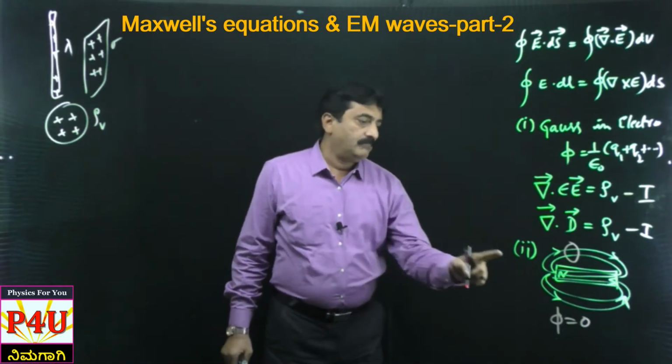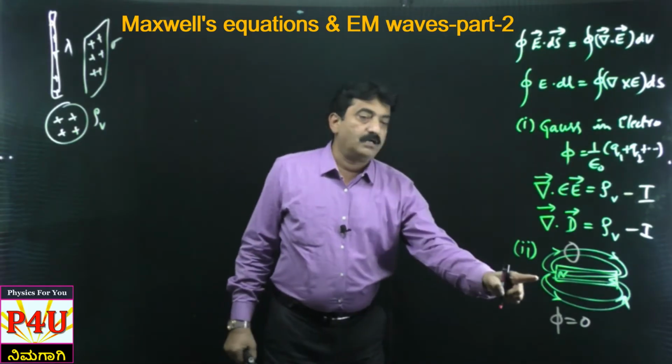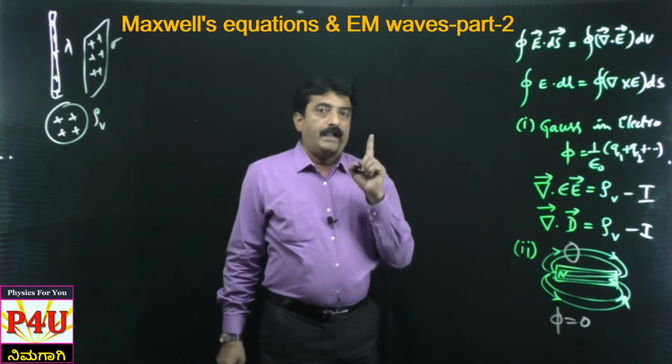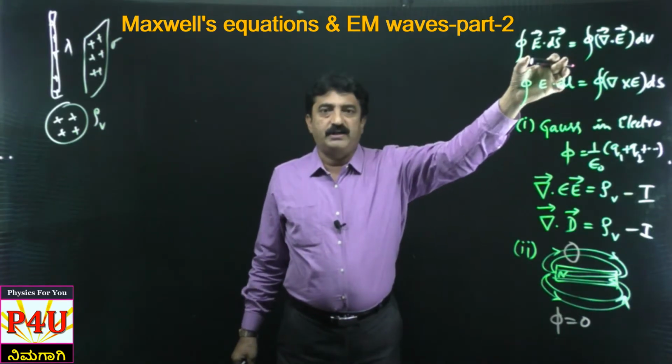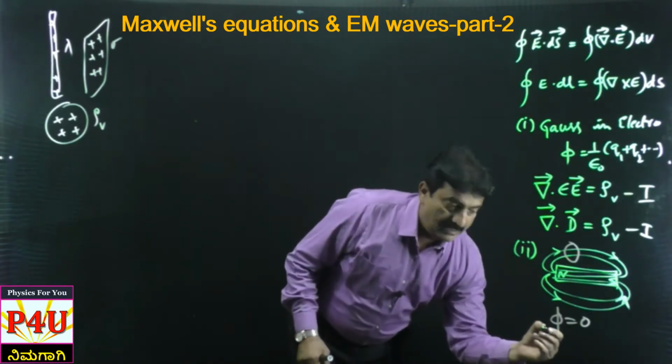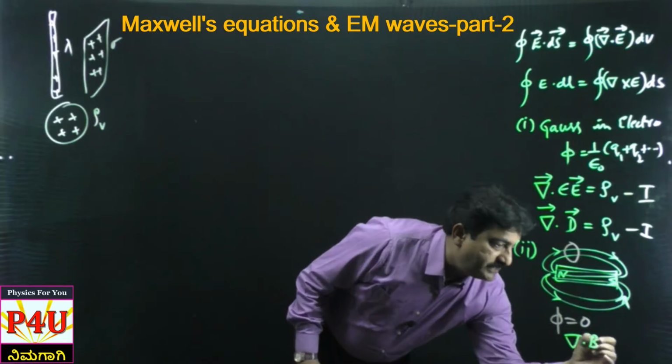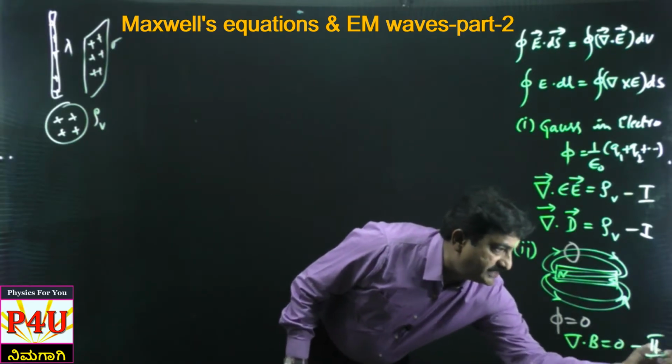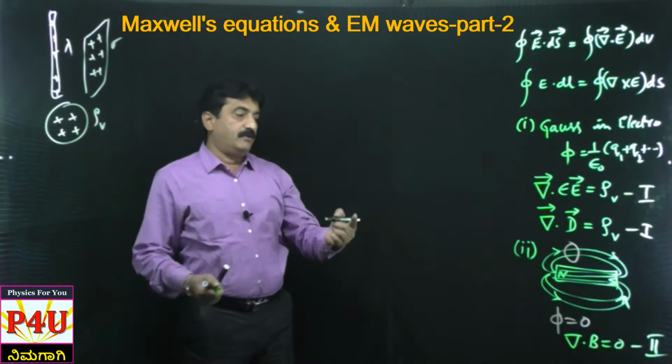Whereas in magnetism, flux is equal to 0. This is Gauss theorem in magnetism. And once again, using this equation, we can prove that del dot B is equal to 0. This is my second equation, Maxwell's equation number 2.